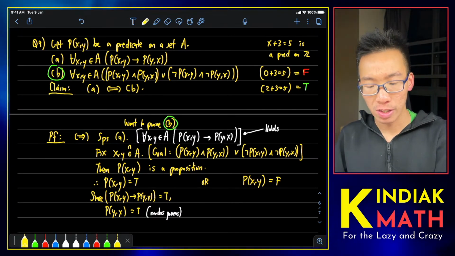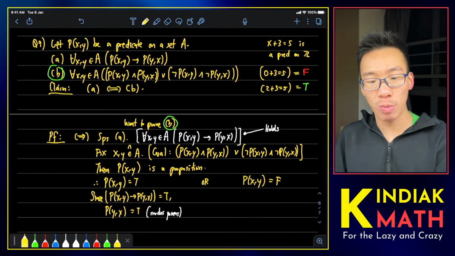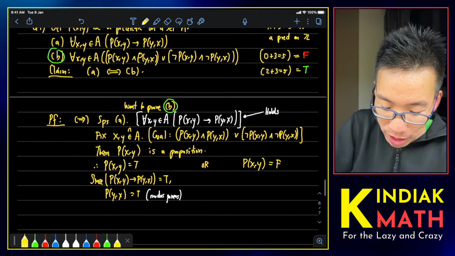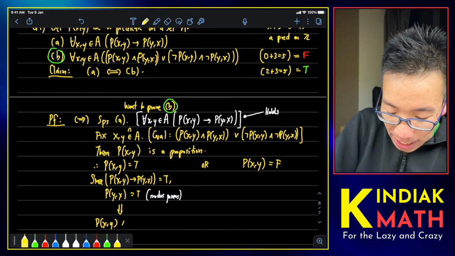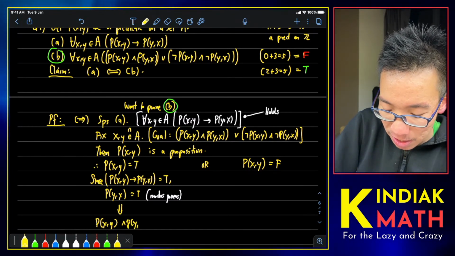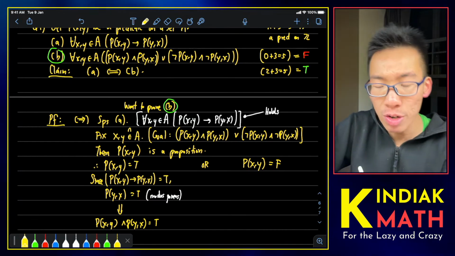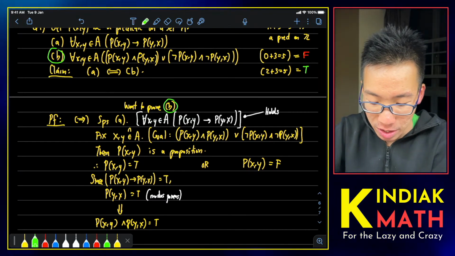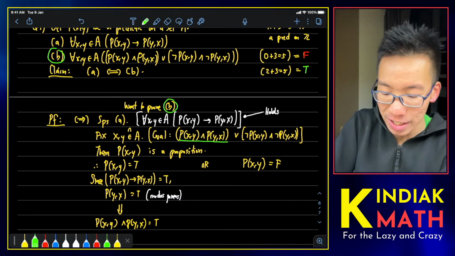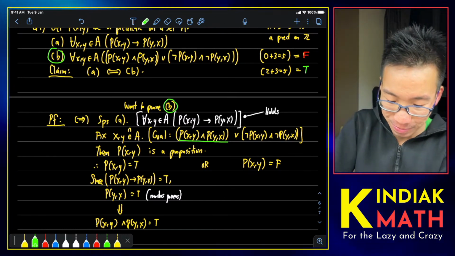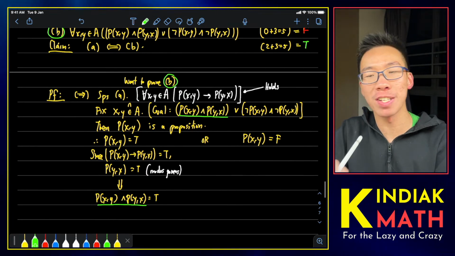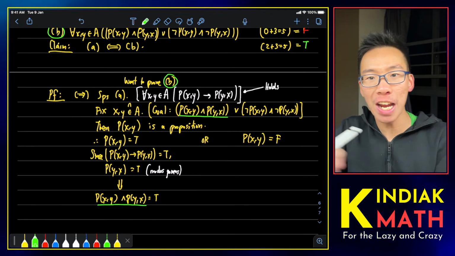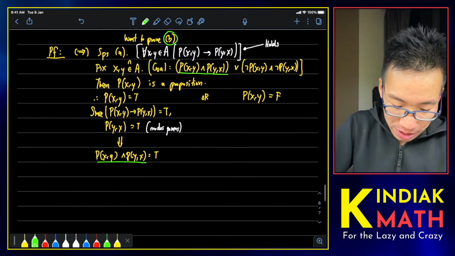So in the case when P(x, y) is true and P(y, x) is true, we can derive that P(x, y) and P(y, x) is true. In other words, we've shown that this guy is true. But if we show that one part of a disjunction is true, then the entire disjunction is going to be true.